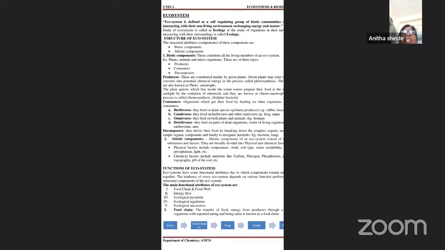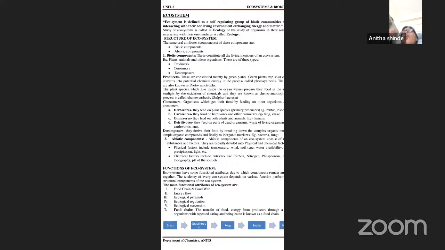So ecosystem is not just the biotic and abiotic components, but it is the interaction between the biotic and the abiotic parts, exchanging the energy as well as the matter.